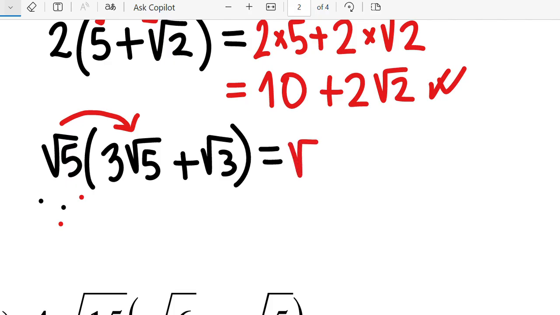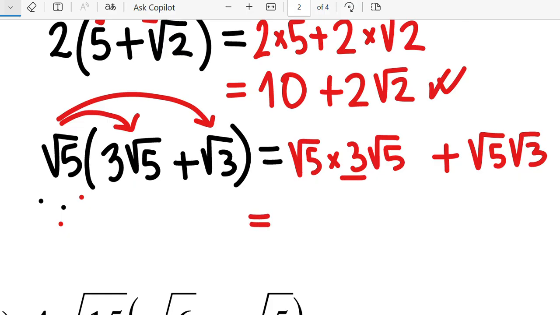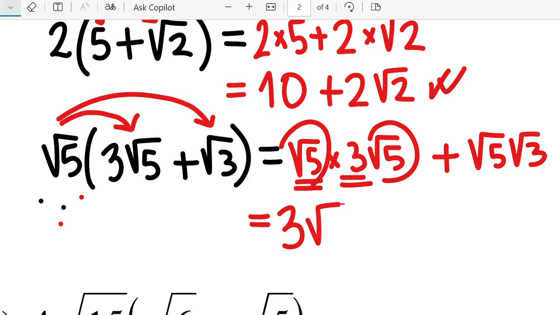So you multiply radical 5 by 3 radical 5, and then you multiply radical 5 by radical 3. Keep in mind, we said number by number, 3 is the only thing that is outside, right? So we copy 3. And then we have radical 5 multiplied by radical 5. That is radical 25.